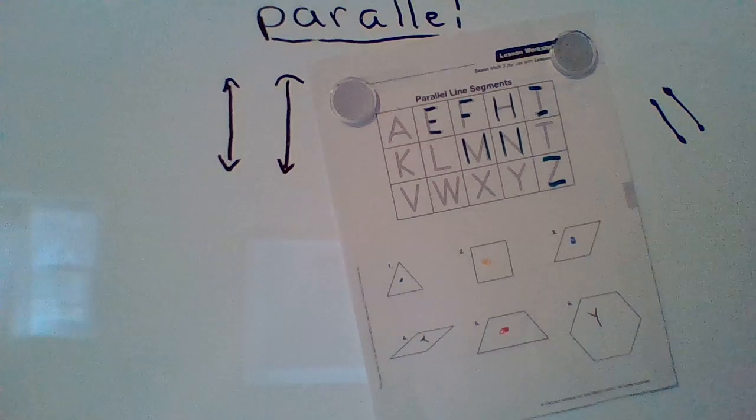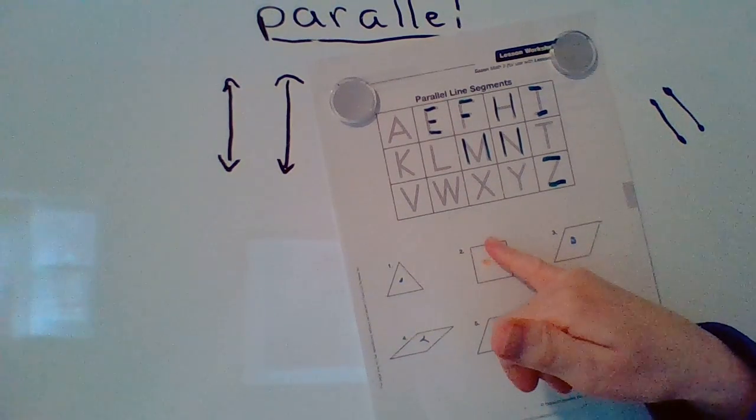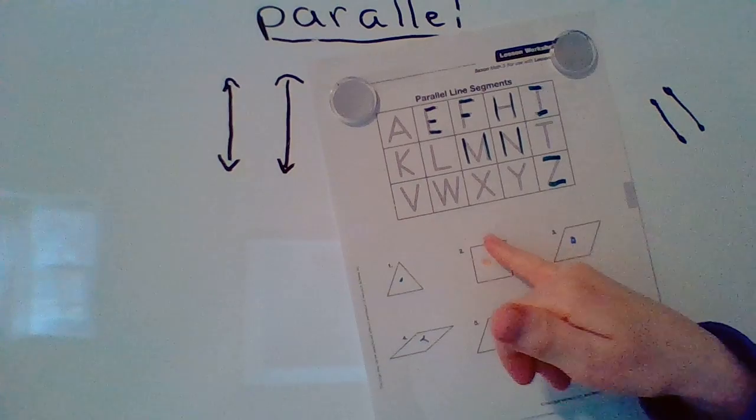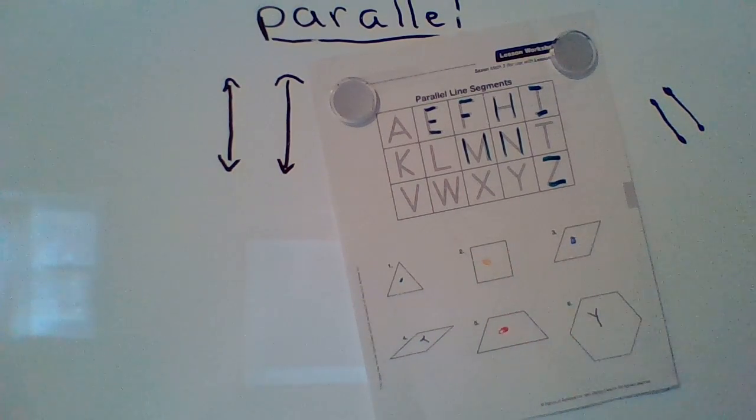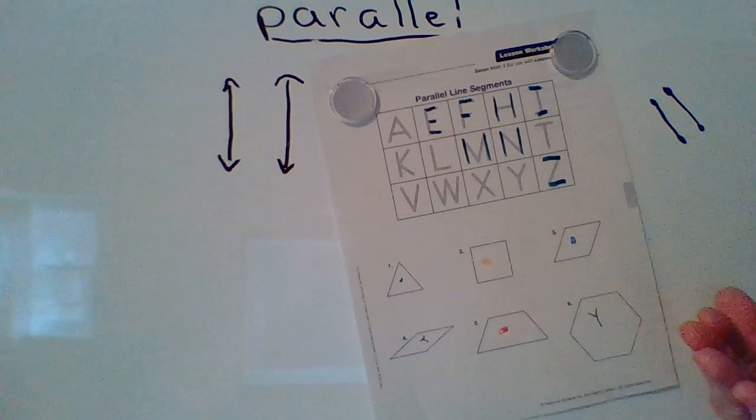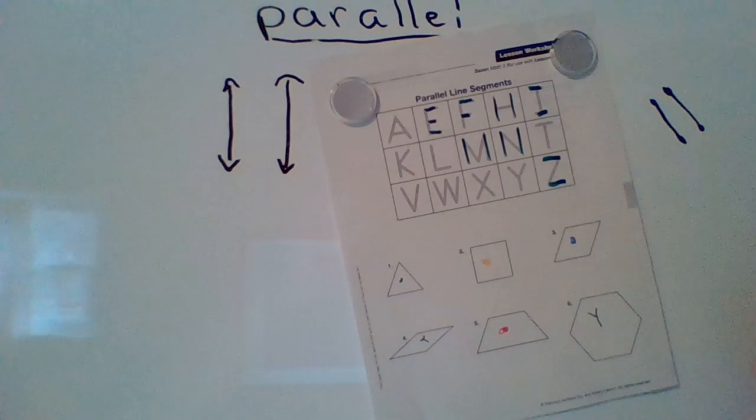A parallelogram has 2 pairs of parallel sides. So this one would be a parallelogram. If you think of a rectangle, that is a parallelogram. It has two pairs of parallel sides.